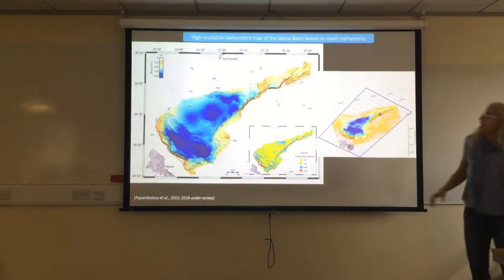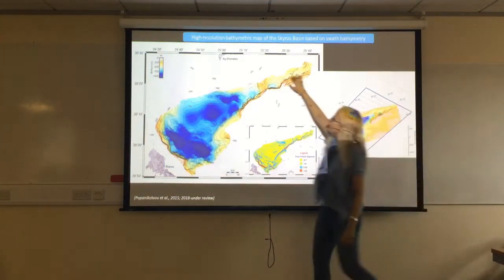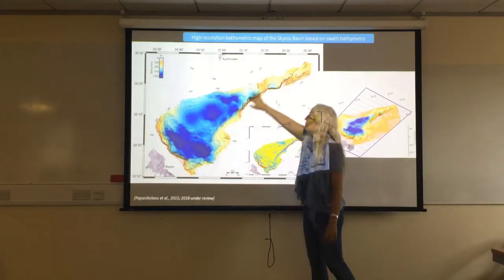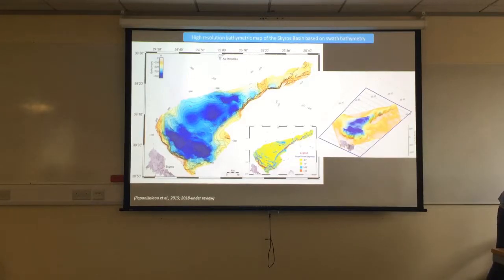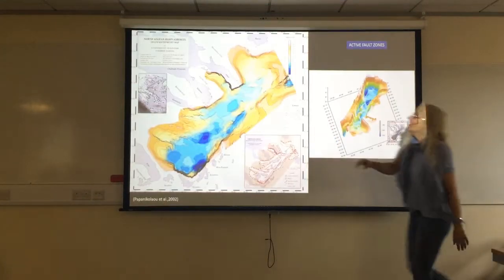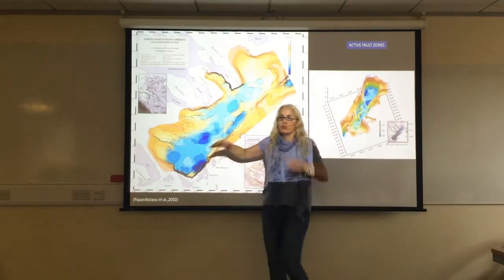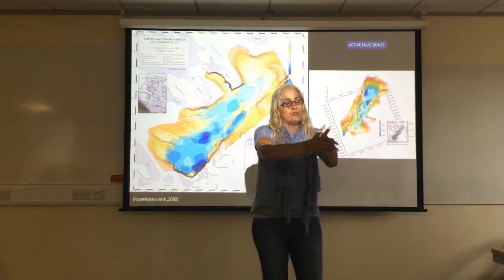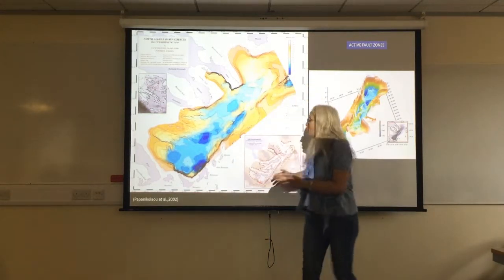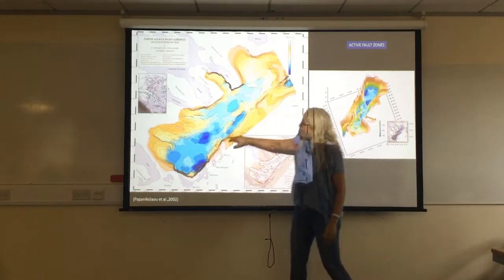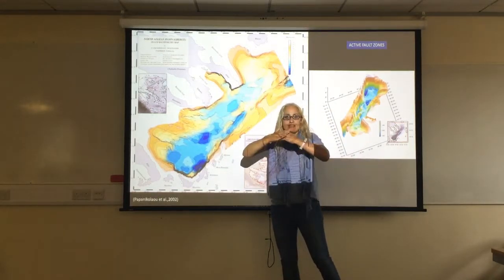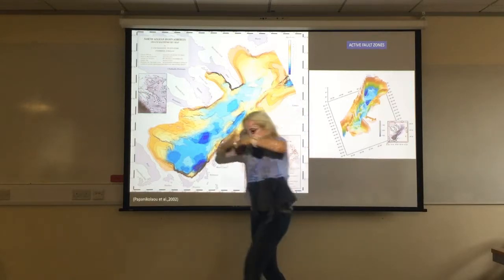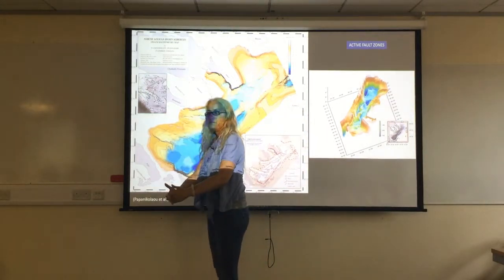I have also told you about the active fault zone. This is a very active fault zone in the Skiros Basin. And much better, this is the well-known North Anatolian fault zone, the continuation of the North Anatolian fault in the Aegean Sea. You can distinguish the active fault zone because you can see very dense isobaths showing very abrupt slopes.